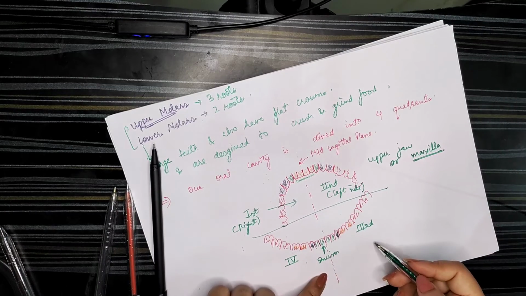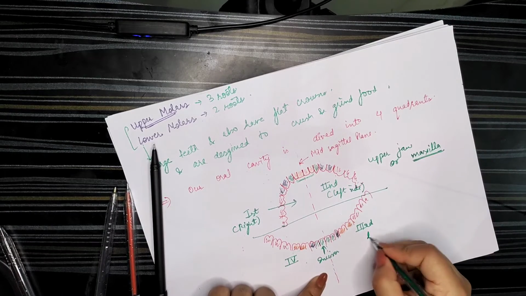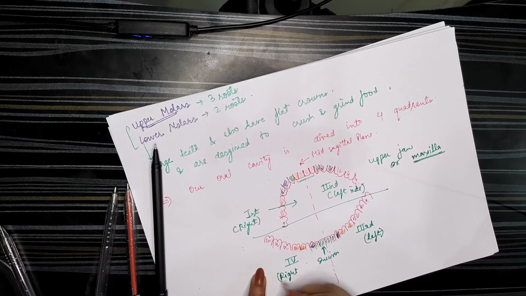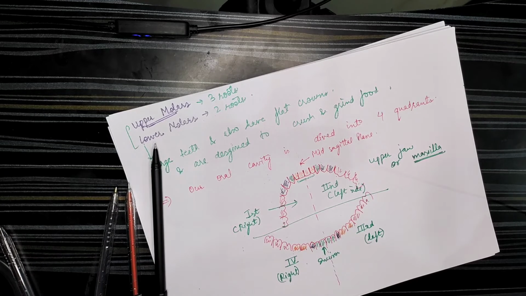The third quadrant consists of the teeth of the mandible on the left side, and the fourth quadrant consists of the teeth of the mandible on the right side. So this is all about the basic structure and functions of teeth.